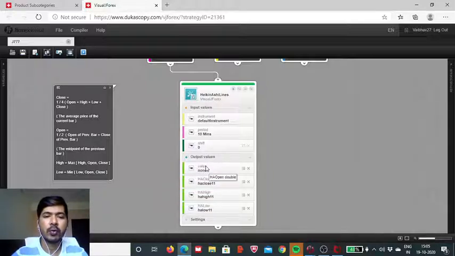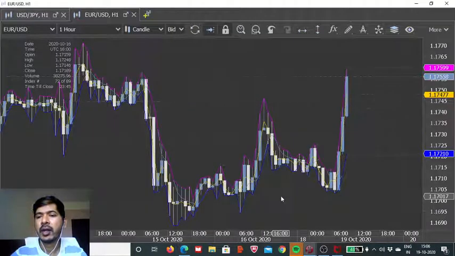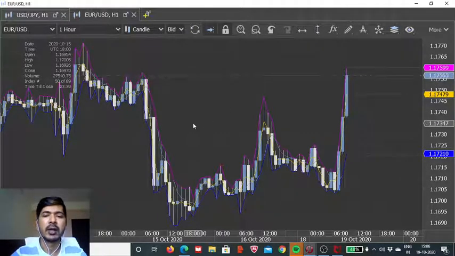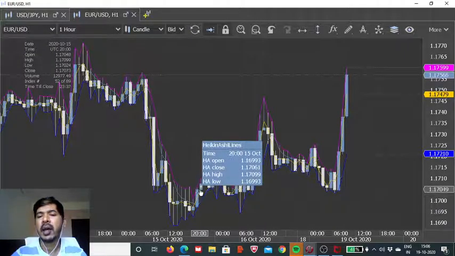But for the output we are getting four output values, and these can be used to define various conditions, and we will see how we can optimize these conditions to see the underlying trend for any instrument, whether it is an up move or a down move. We can gauge the sentiment using these Heikin Ashi lines.